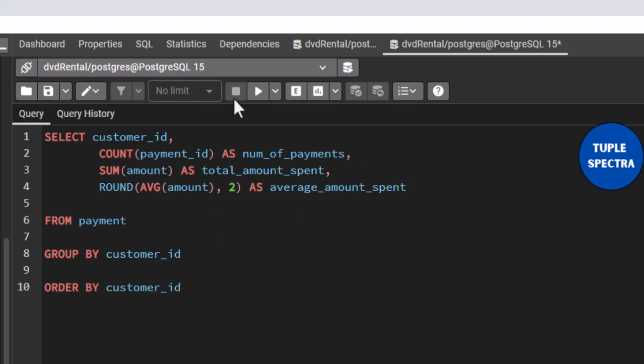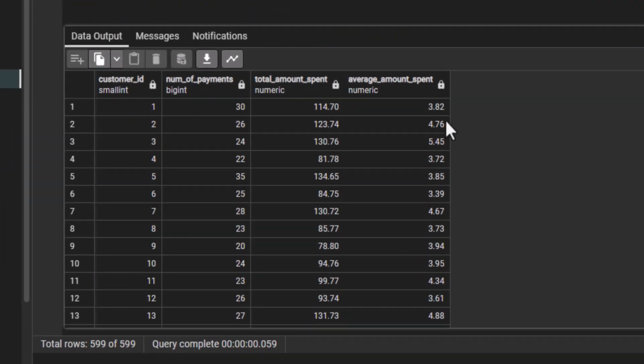Okay, I take away that comma, then I'm going to run this. You can see now, guys, that customer ID 1 spends an average of $3.82. If you want to verify that, you can divide this 114.70 by 30, because this is the total amount spent and this is the number of payments made.